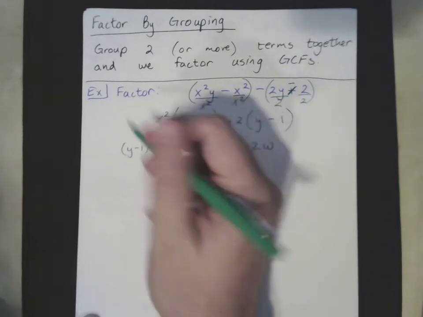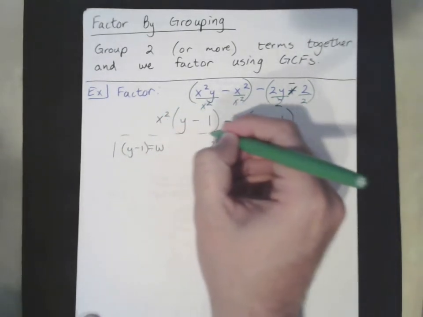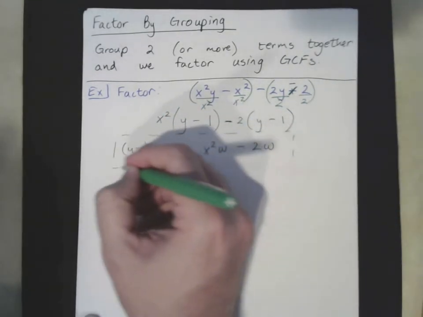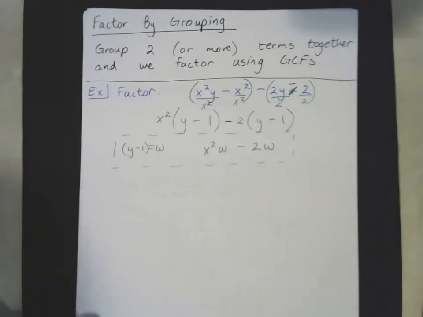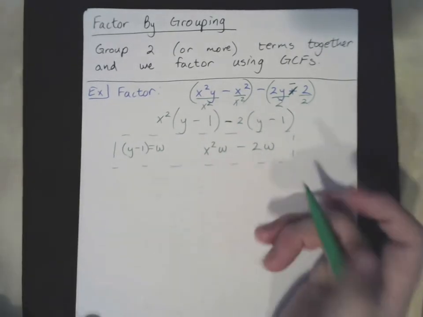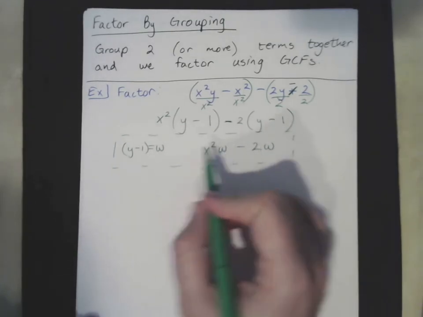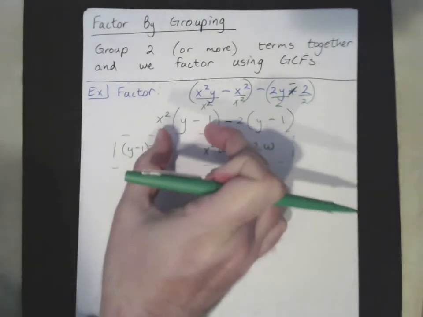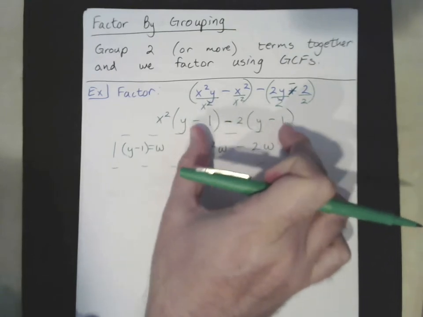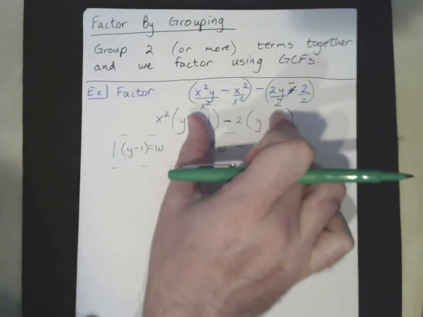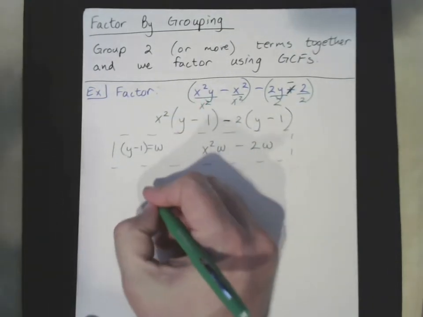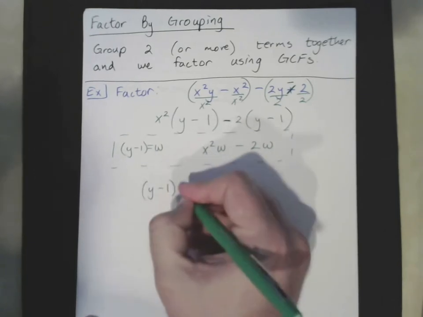Well, you don't need to do this step. This is kind of the justification step, and you don't ever need to write this actually. If you want to get the hang of it for a little bit, by all means, please do. But we can factor that w out, but that w is y minus 1, which means we can factor the y minus 1 out of both of these and pull this out all the way to the front, y minus 1.